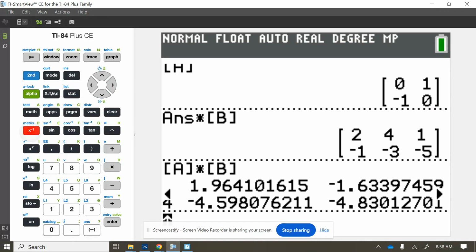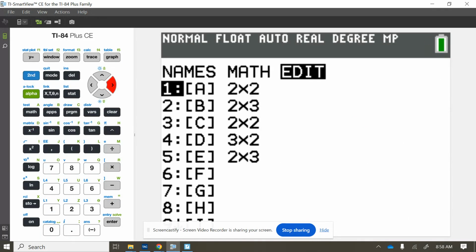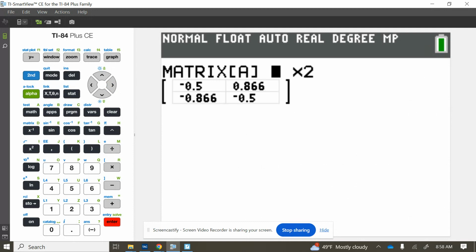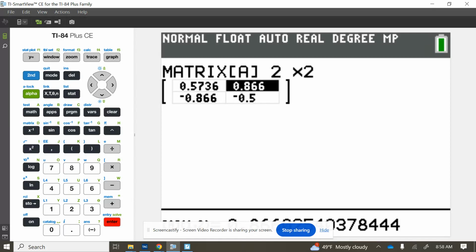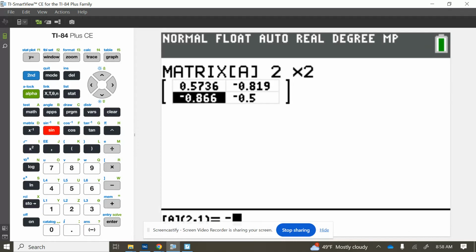So this time, we enter in our matrix again: a 2 by 2, cos theta. This time for theta, we're going to use the negative version since we are going counterclockwise. So cosine of negative 55, sine of negative 55, negative sine of negative 55, and then cosine of negative 55.